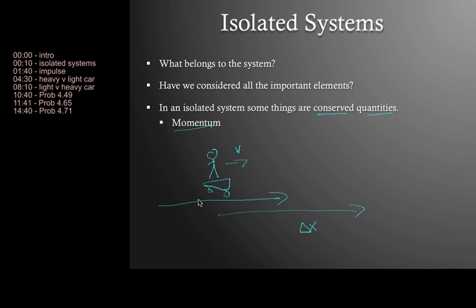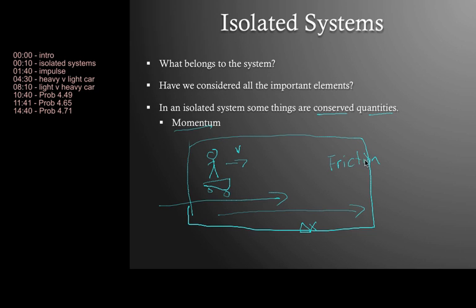And so there's another important element in you on your skateboard, and that's the friction between the wheels and the sidewalk. So in order to make an isolated system, we now have to include the friction because you do come to a stop.